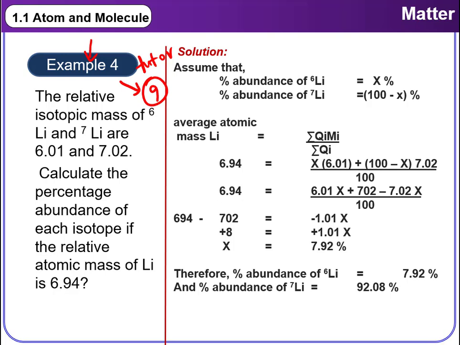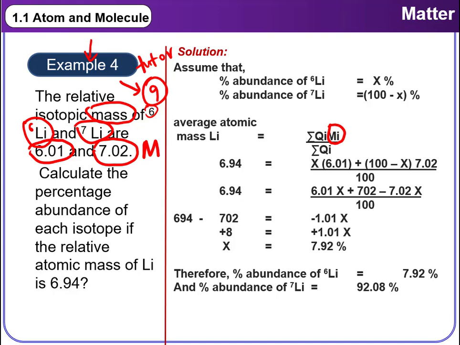The masses of the isotopes lithium 6 and lithium 7 are given as 6.01 and 7.02. What are these, Q or M? Mass, right? If it is mass, the symbol is M. Mass of the isotope means this M.